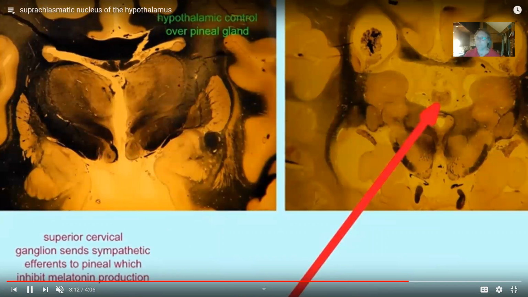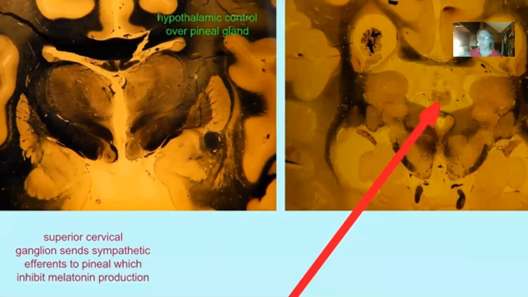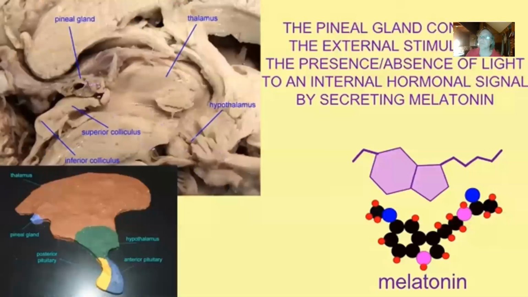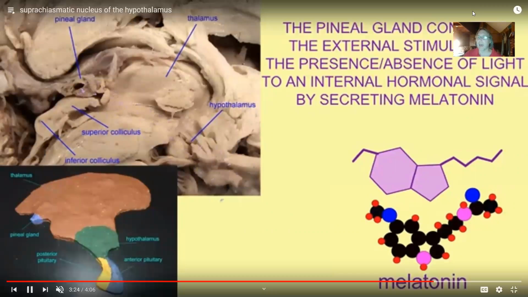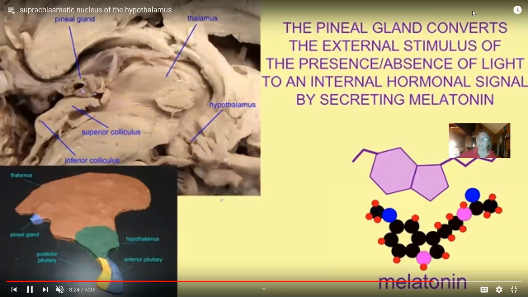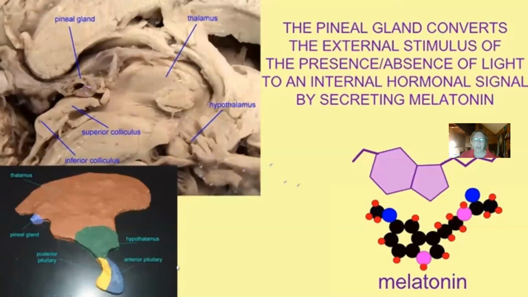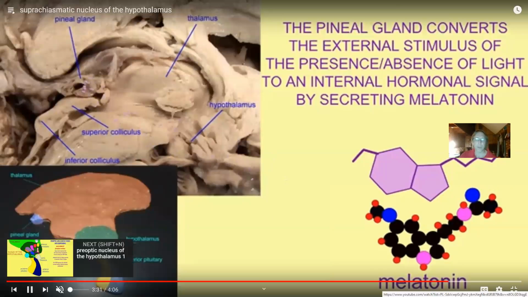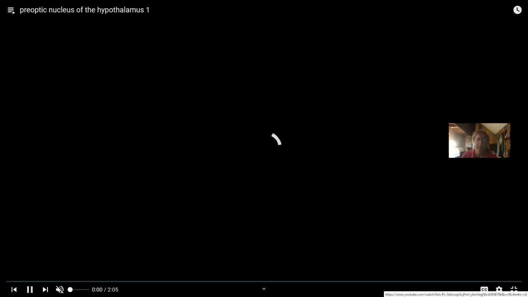And so melatonin is a hormone which we make at night, which informs all of the body that it's nighttime, but it was the suprachiasmatic nucleus whose signaling then was translated into the secretion of this hormonal signal. So that is an important nucleus of the hypothalamus.